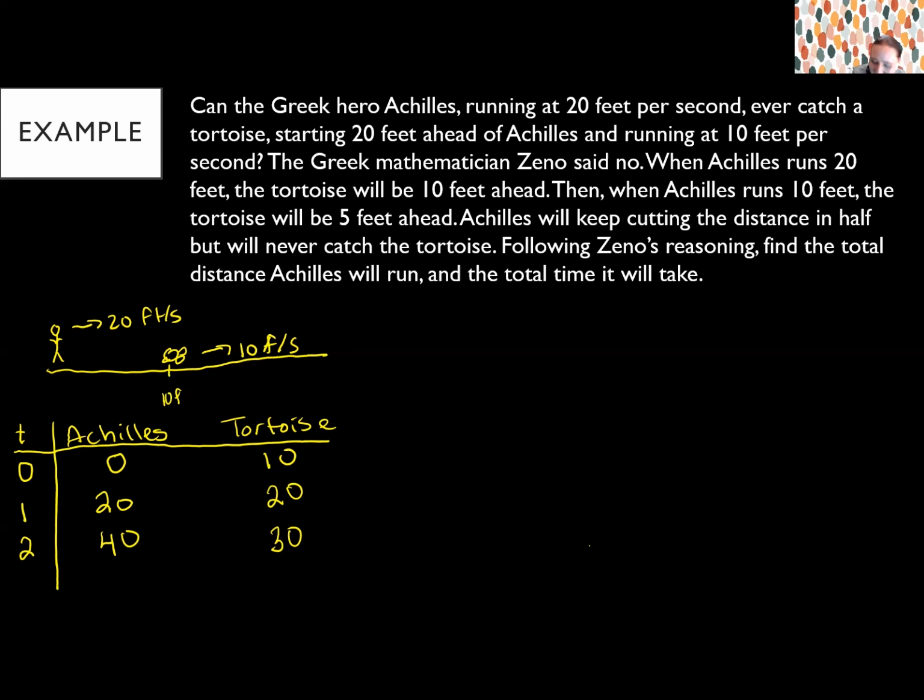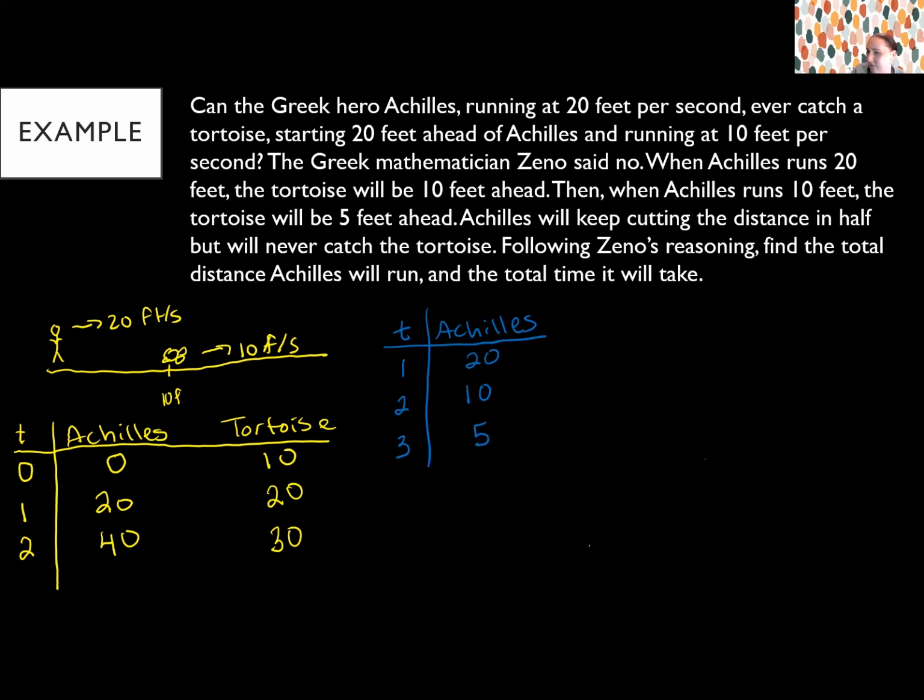So Zeno is saying, okay, let's make a new table. At time 0, it's at 0, let's say at 1 second, it's gone 20 feet. Then at second 2, he's gone 10 feet, and he keeps cutting the distance in half.